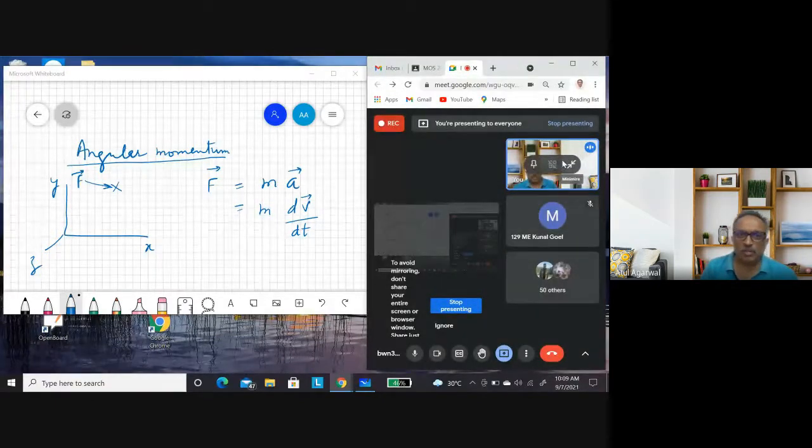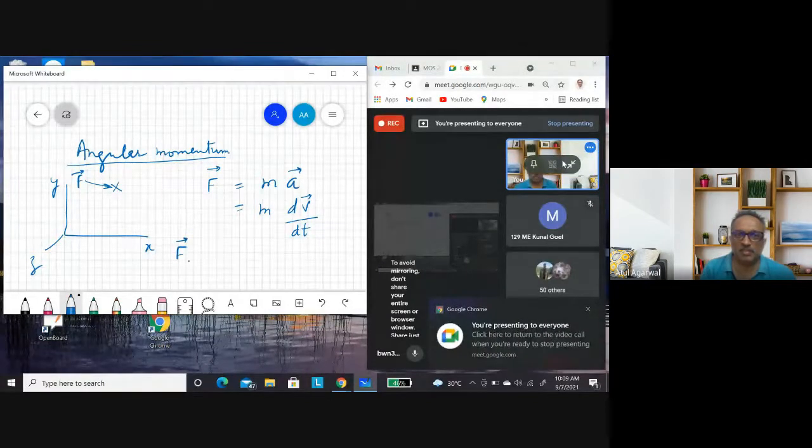If I take a dot product of this equation with the velocity vector, what will I get?